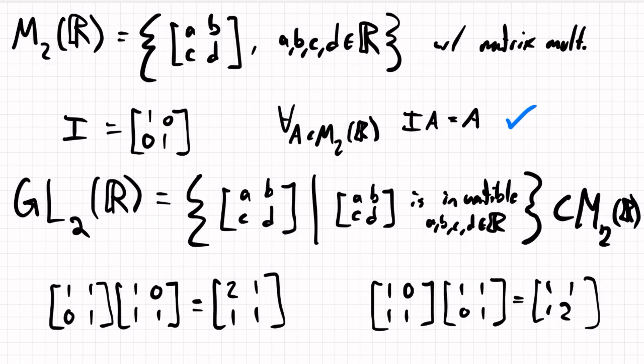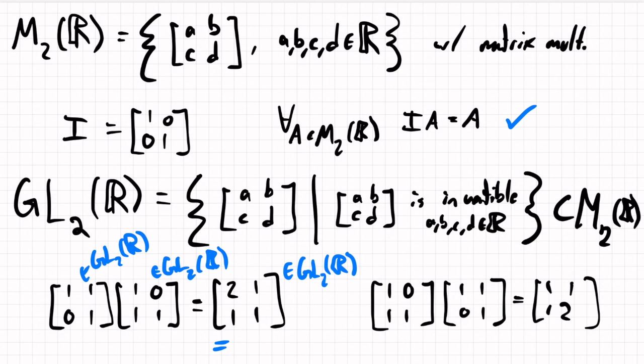So all of these are in GL2 of R, but they don't commute. So what I've just proven, and what this implies, is that GL2 of R is not an abelian group.